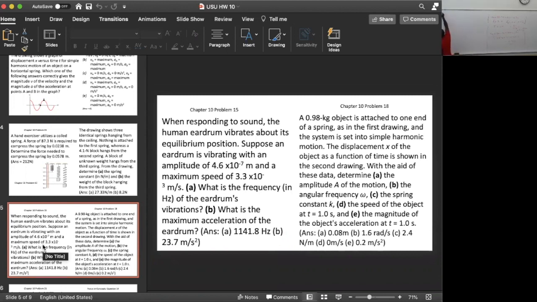I have my amplitude, 4.6 times 10 to the negative 7 meters. Maximum speed, V max is 3.3 times 10 to the power minus 3 meters per second.